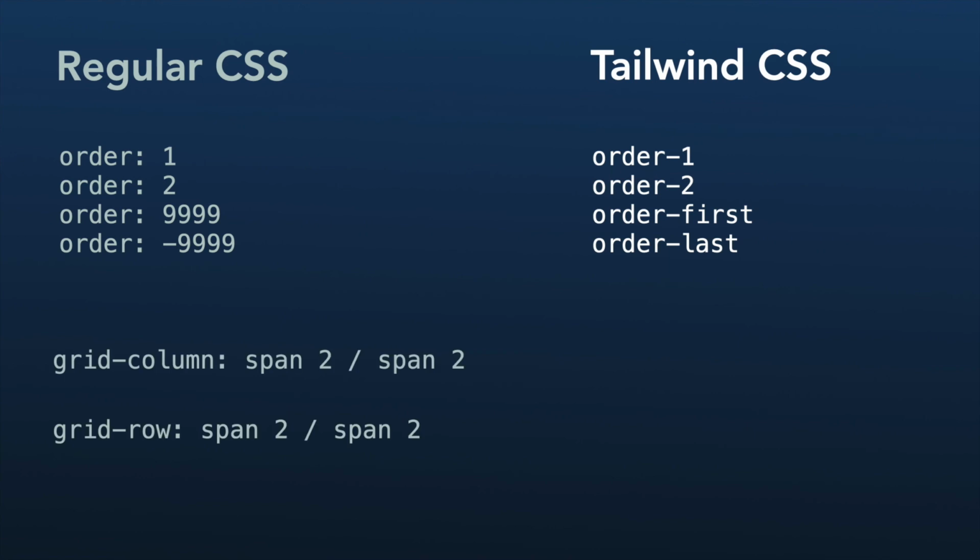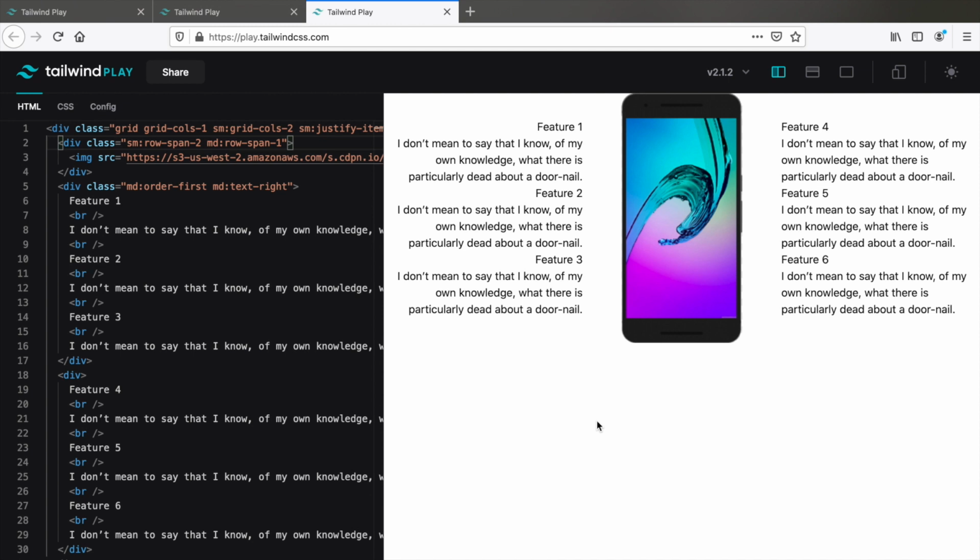Then we also saw col-span-2, row-span-2, 3, 4, whatever values you can use, up to 12. You can also use col-span-full. Same goes with row-span. If you notice, the regular CSS syntax is quite confusing, but in Tailwind you can simply use these and be sure. Let's come back to this example and I want to show you something.